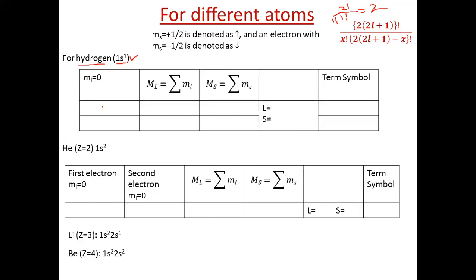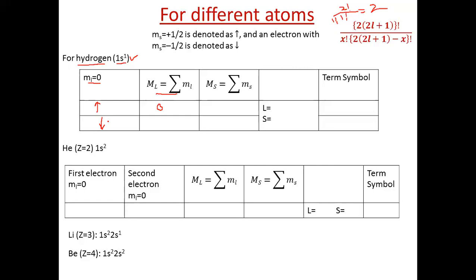This has two microstates. We can have the electron with plus half spin, or we can have the electron with minus half spin. For this microstate, the value of ML is the summation of ml, and as it contains only one electron, for that electron ml is 0, so ML is 0.